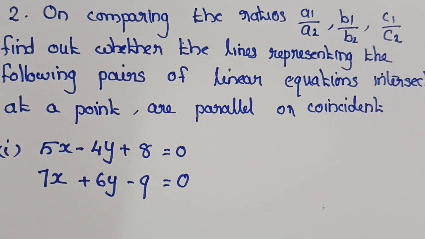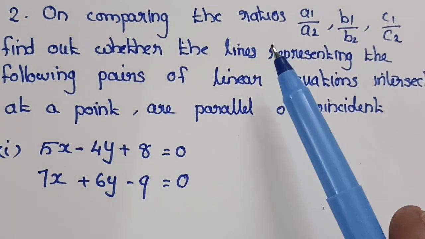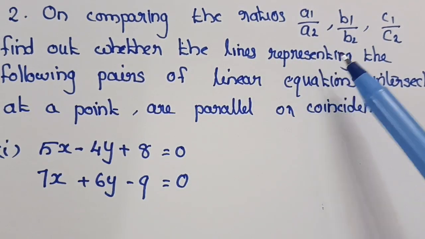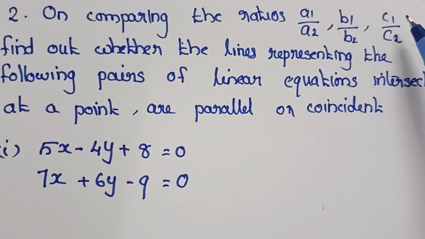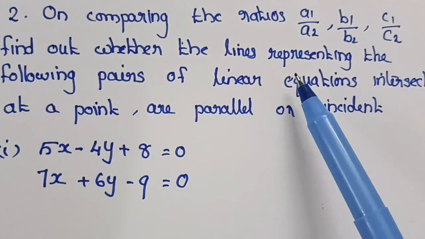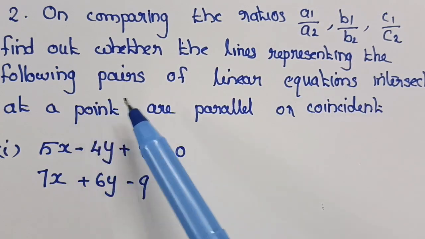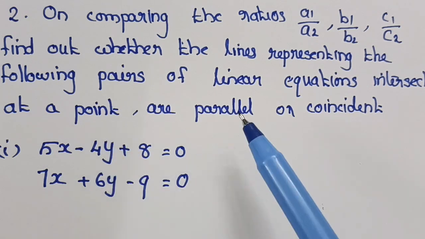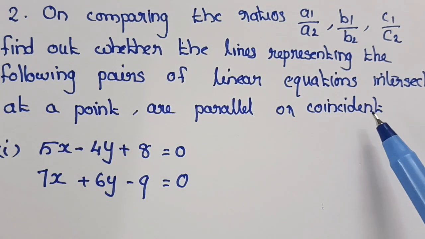Now the second question. On comparing the ratios a1 by a2, b1 by b2, c1 by c2, find out whether the lines representing the following pairs of linear equations intersect at a point, are parallel or coincident.